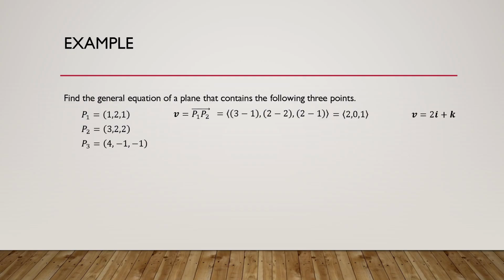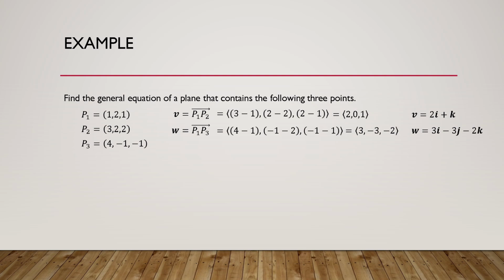Next, we establish a vector w between points P1 and P3, or 4 - 1, -1 - 2, and -1 - 1, or (3, -3, -2), or w = 3i - 3j - 2k.